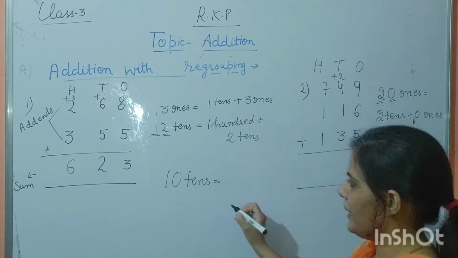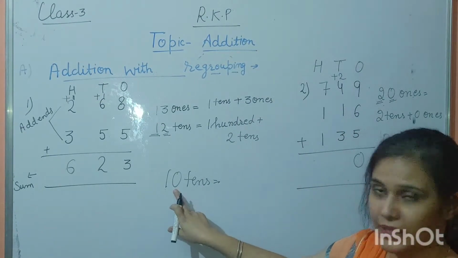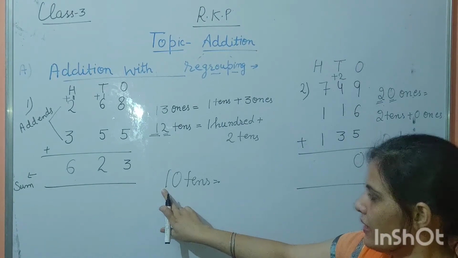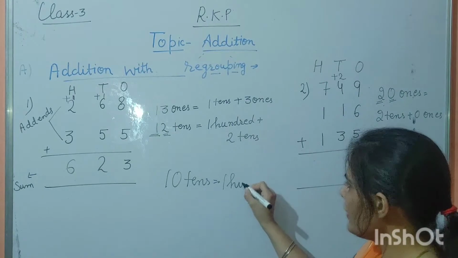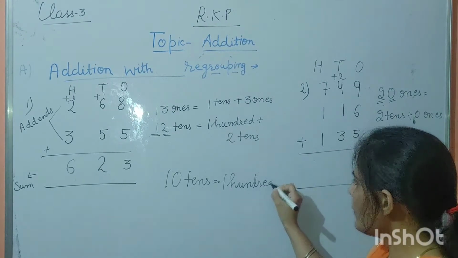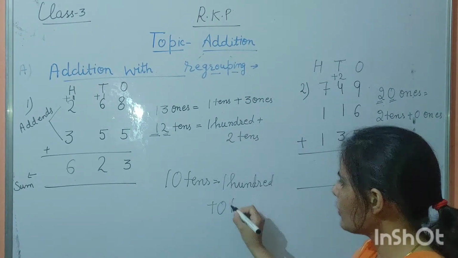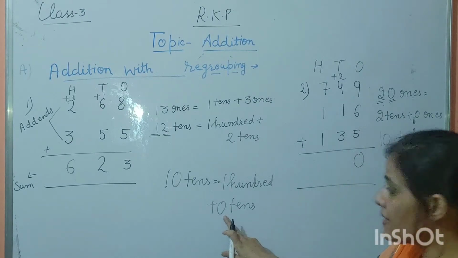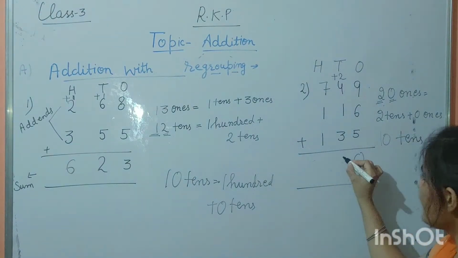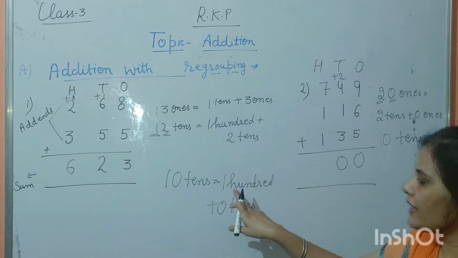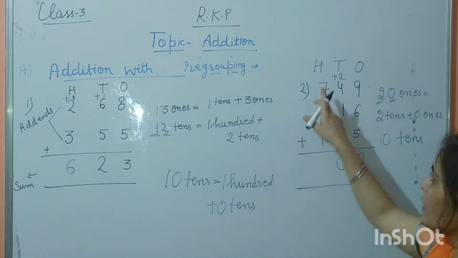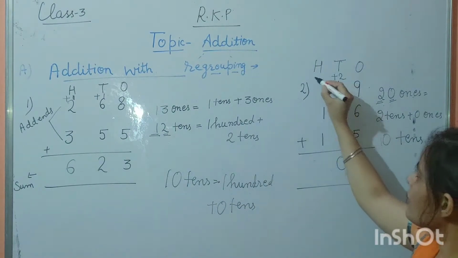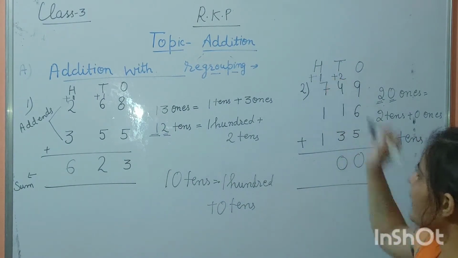When you regroup it, it will become 1 hundred plus 0 tens. 0 tens will come at the tens place and this 100 will become the carry over to the hundreds place. This will become 1 carry.